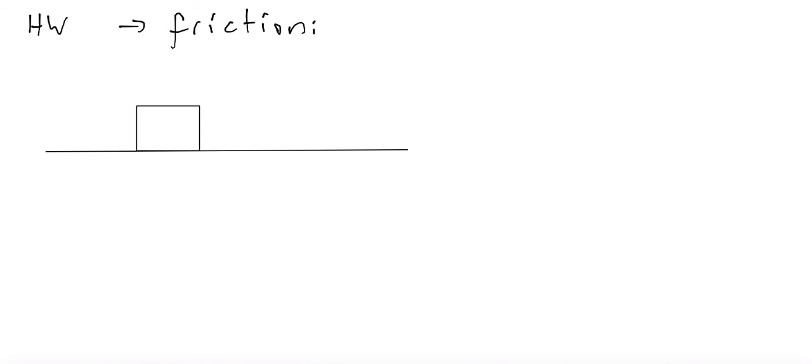Let's imagine that the object is connected to a string, and at the end of the string there is a force. Let's name this force the force of tension in this case, which will be given as, let's say, 50 newtons.